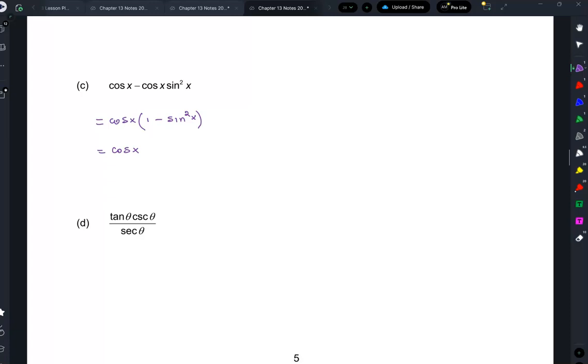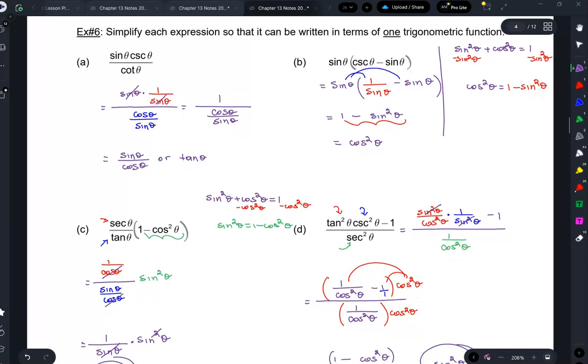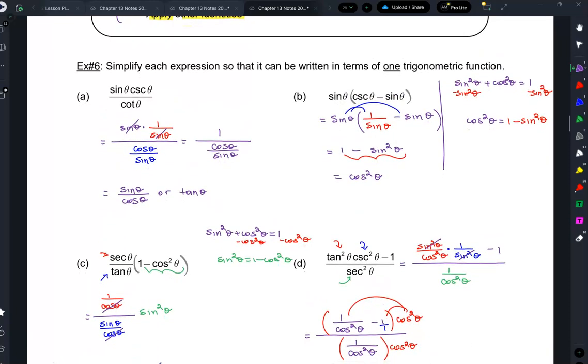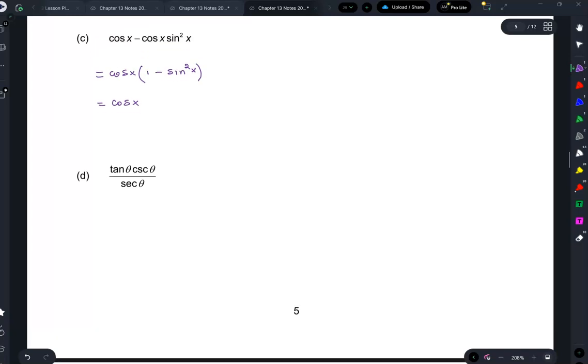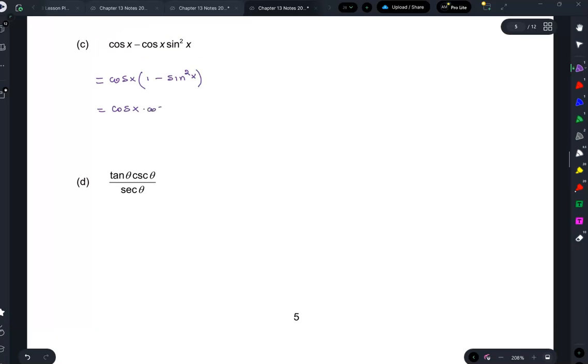So would it be writing as sine or cosine? Would it be factoring something out? Or would it be using a Pythagorean identity? Oh, the Pythagorean identity, right? But we already did 1 minus sine squared somewhere. What did we get for it? Cosine squared theta. Okay, so this will be cosine squared x. Cubed, sorry, cosine cubed x, thank you.